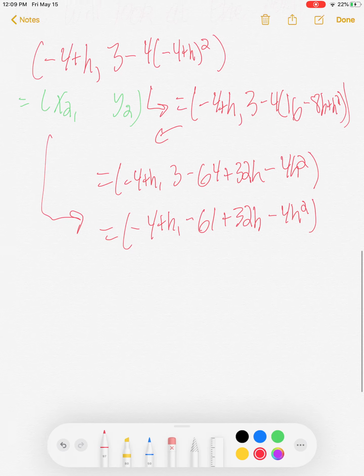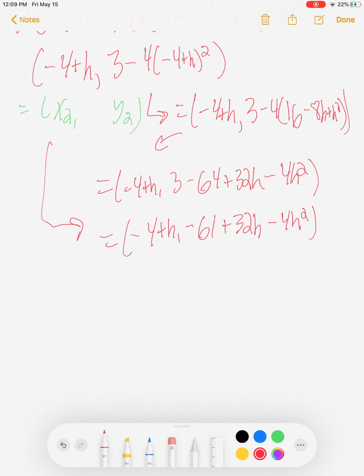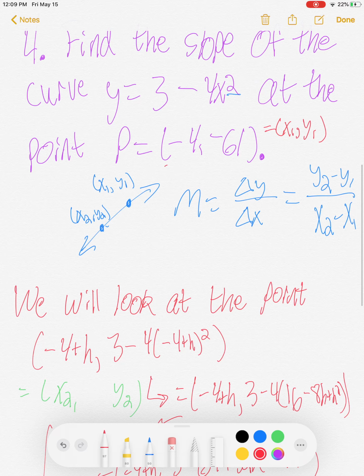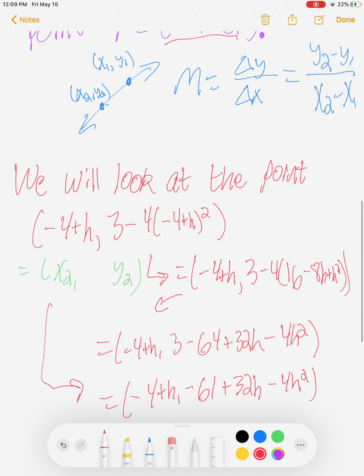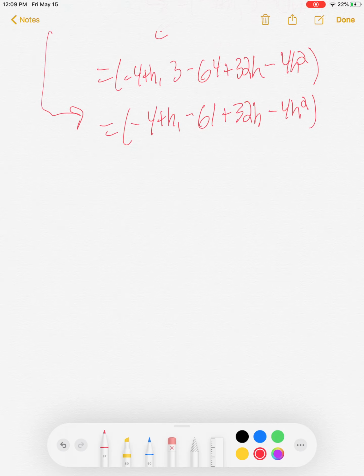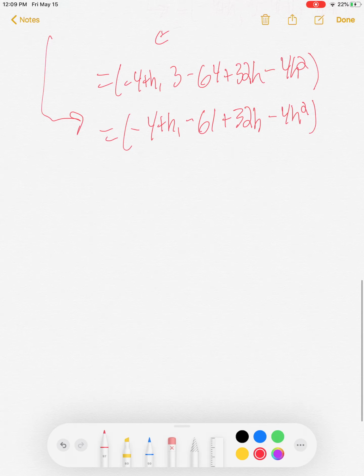This is just some point. It looks kind of ugly, and it looks kind of ugly because rather than just two numbers, right, rather than just say negative 4, negative 61, this thing has variables in it, right? But for any given value of h, you just plug it in and you just get two numbers. So now what we're going to do, just like before with lines, is look at change in y over change in x, okay?